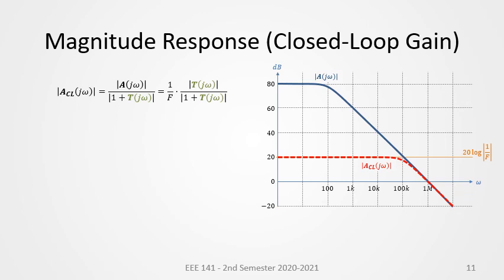Now let's take a look at how the three plots, A of j omega, the magnitude 1 over f, and ACL of j omega are interrelated.